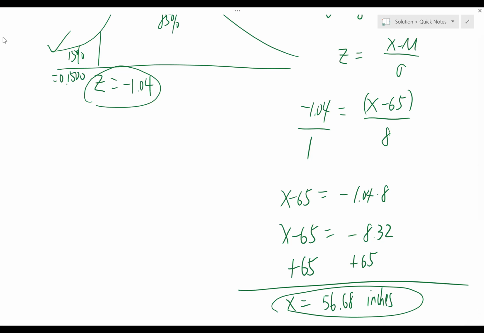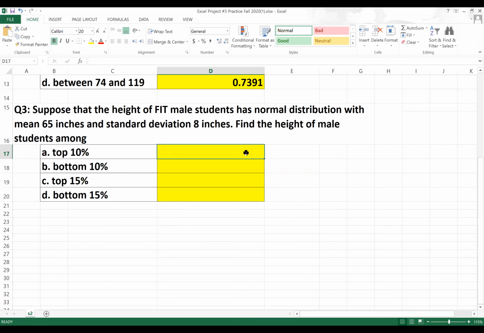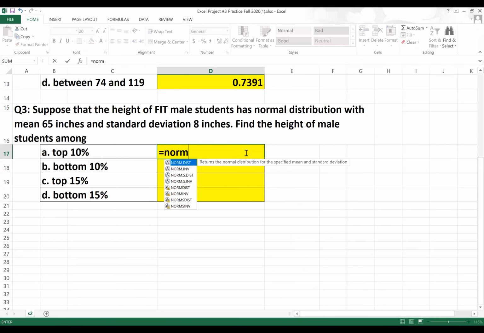Now let's go back to Excel. This is how you do it by hand, but in Excel it's so much quicker. The key thing is to understand the rationale behind it, otherwise you wouldn't be able to use the formula easily. For the top 10%, it's NORM.INV, meaning inverse of the normal distribution.